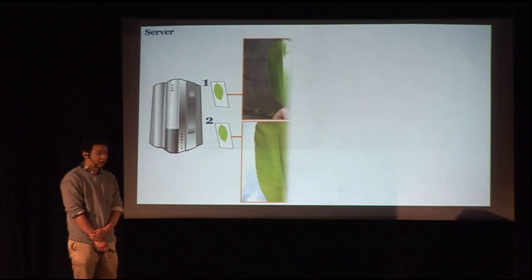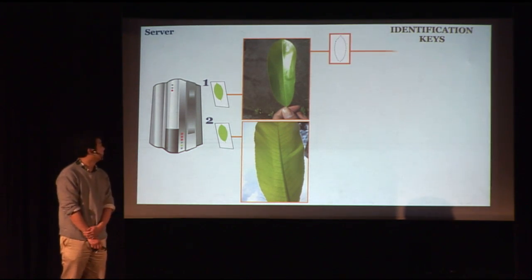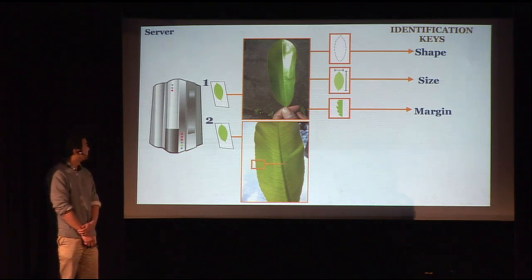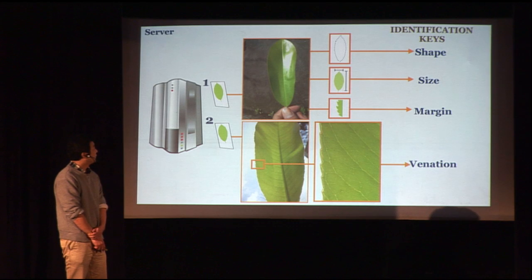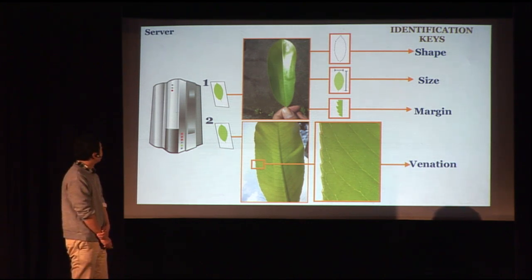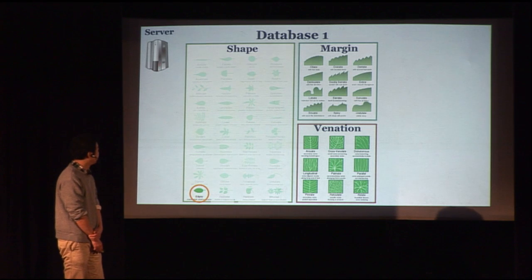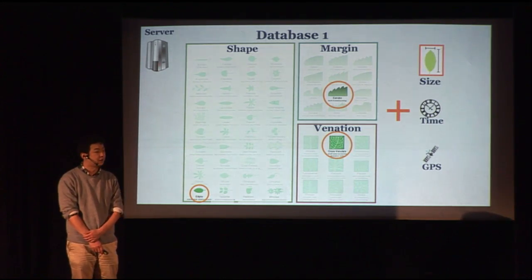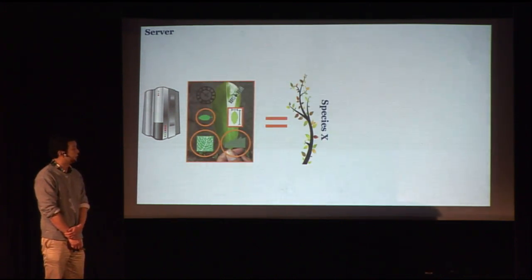Then the server will try to extract something called identification keys. From the first picture, it's going to extract the shape, size, and the margin patterns. From the second picture, it's going to extract the venation patterns. Then these identification keys will be cross-referenced with database 1, with other factors, and then the server can give us an answer that this leaf belongs to this species.